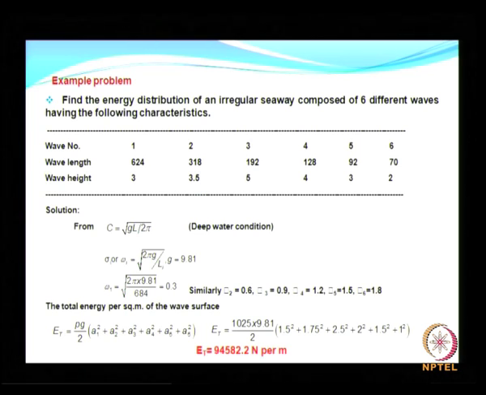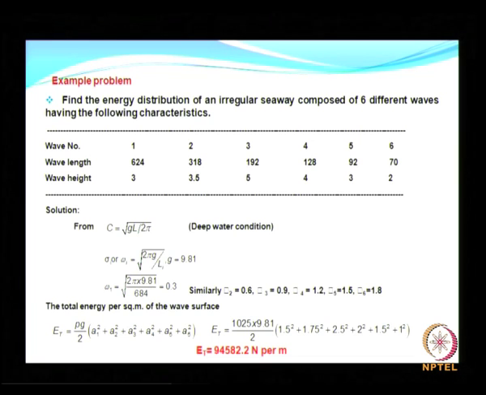When you are dealing with actual ocean waves, you will be dealing with at least 100 components. That is what I have said earlier. The 6 components are very few, just to make you comfortable in understanding the problem or the picture, why you need to go in for what exactly is the spectrum, etc. That is the reason I have taken only 6 different components.